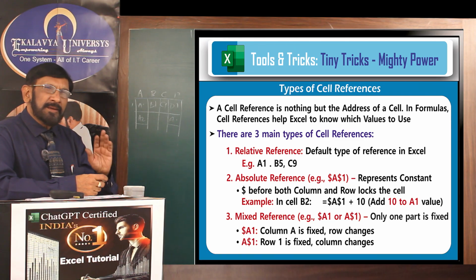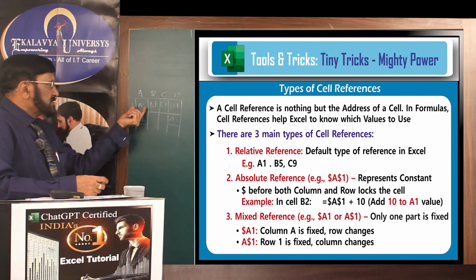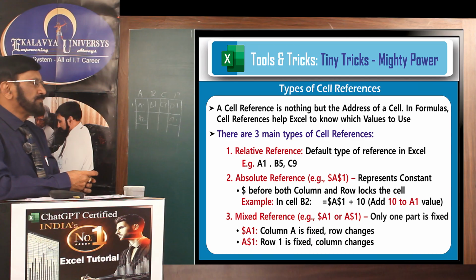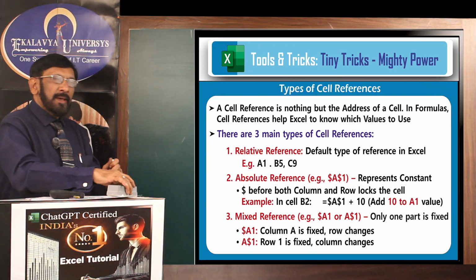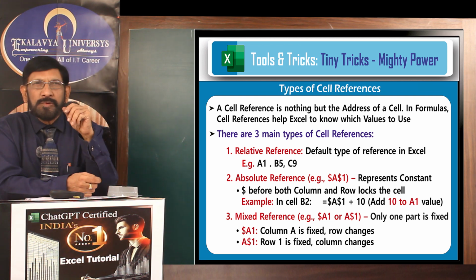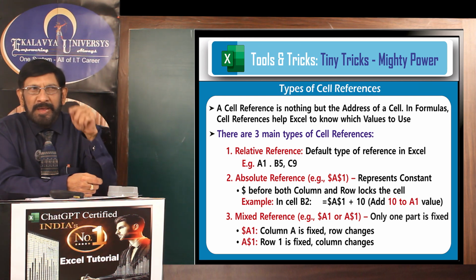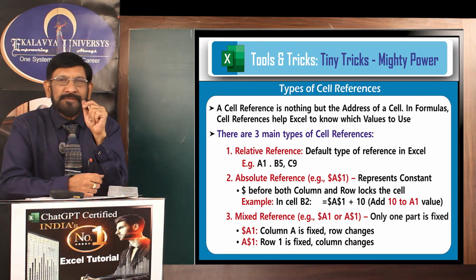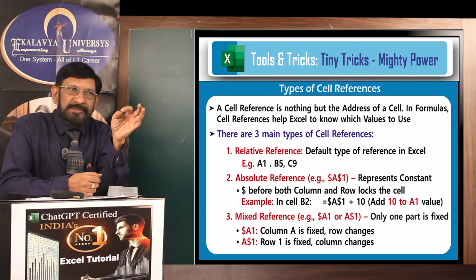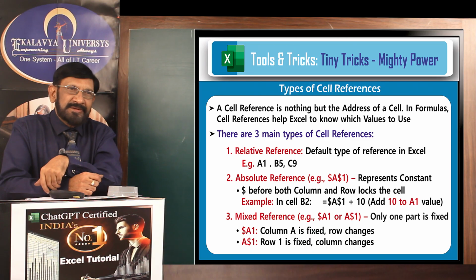Cell references are nothing but the cell's address. This cell is represented by A1, that is the cell's address. These cell references can be classified into three groups depending on the nature of the value we store in them: relative references, absolute references, and mixed references.